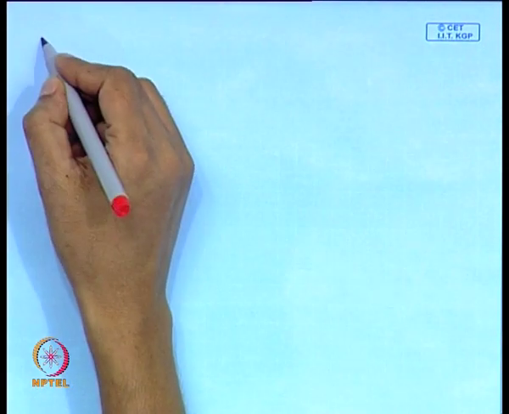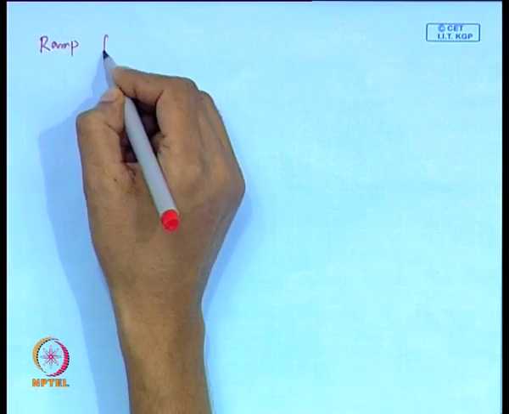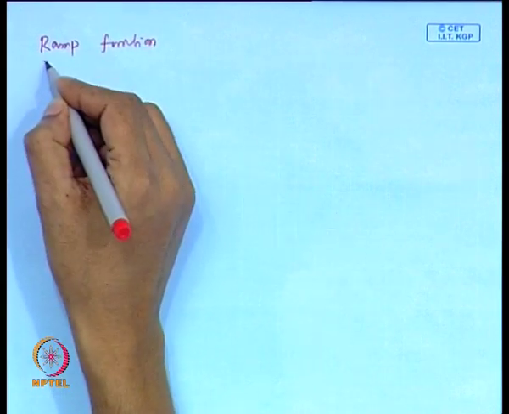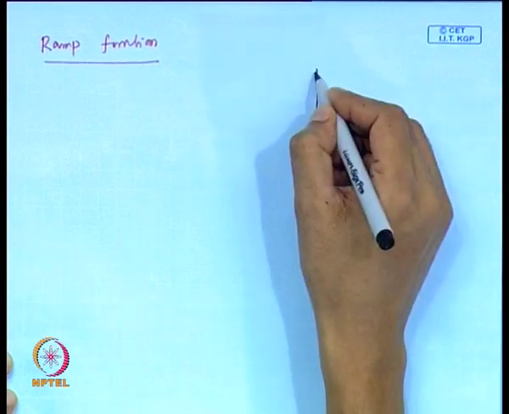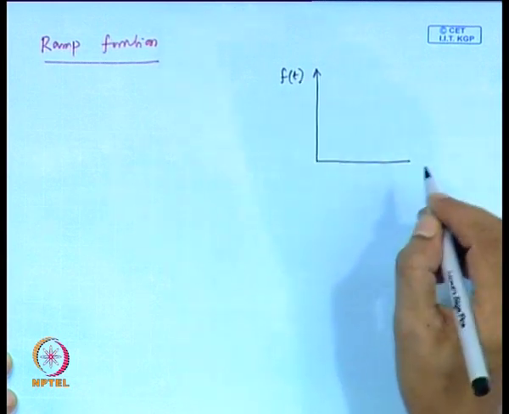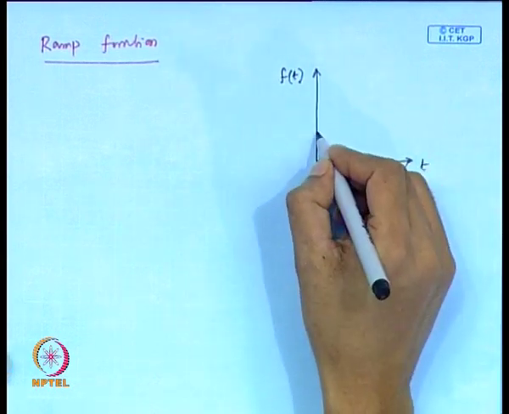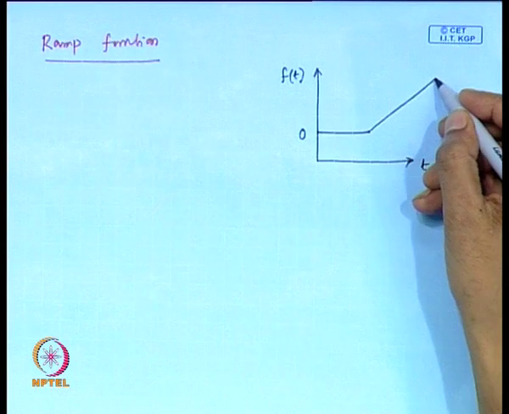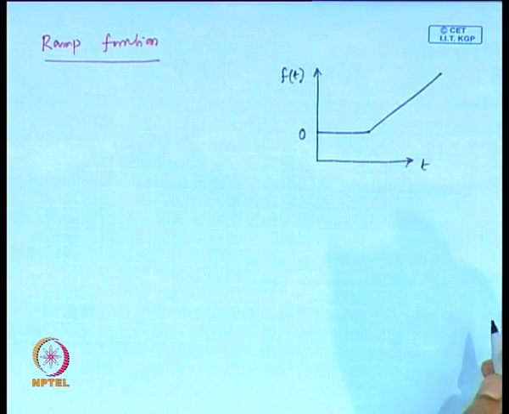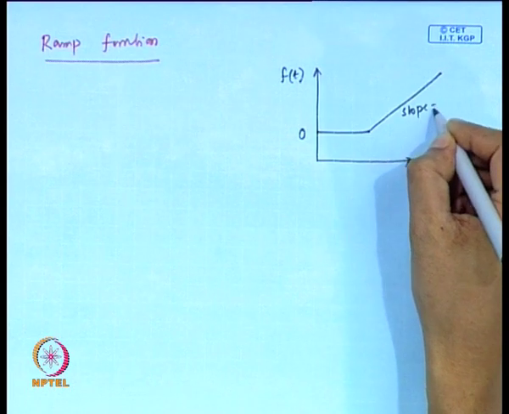Another input function also used in process control is the ramp function. We can represent this function in this way: time t, initially it is 0, then it changes like this. Suppose the slope is a.